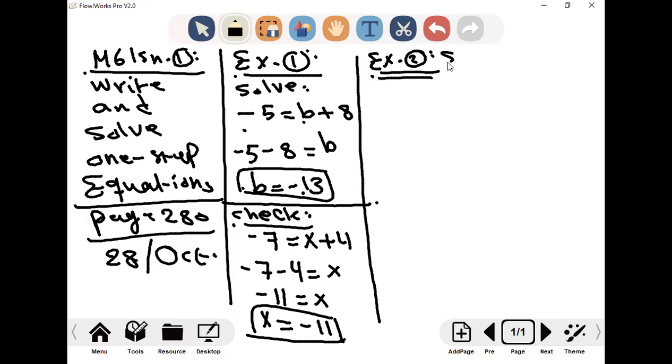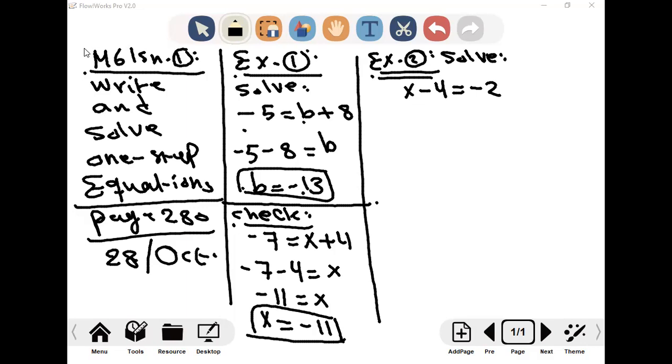Solve. In example 2 we have x - 4 = -2. What's the connected number, Omar?